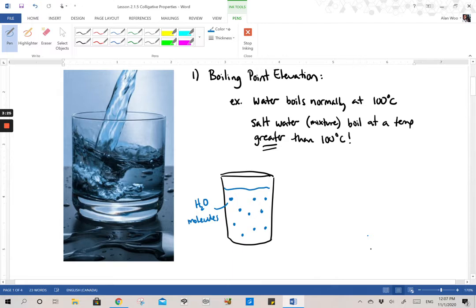And if I were to heat it up, okay, once the temperature reaches 100 degrees Celsius, these molecules of water can start rising up and turning into steam.